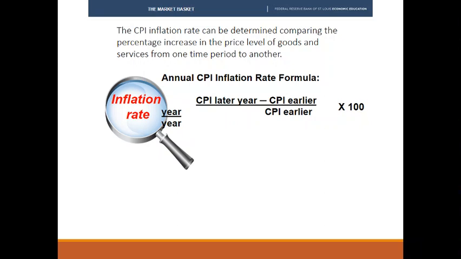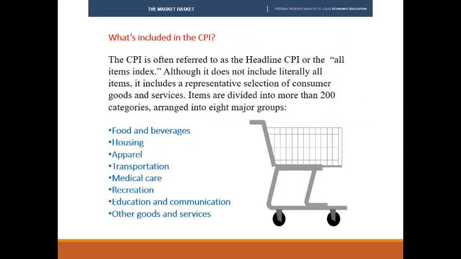And it's simply just a percentage change calculation. What were the prices this year? What were the prices last year? If they're 110 this year and 100 last year, that's a change of 10. 10 divided by 100 gets you 10%. That would be a 10% inflation rate. So really simple calculation. And that's indicative of what is the on average price change experienced by consumers in an economy.